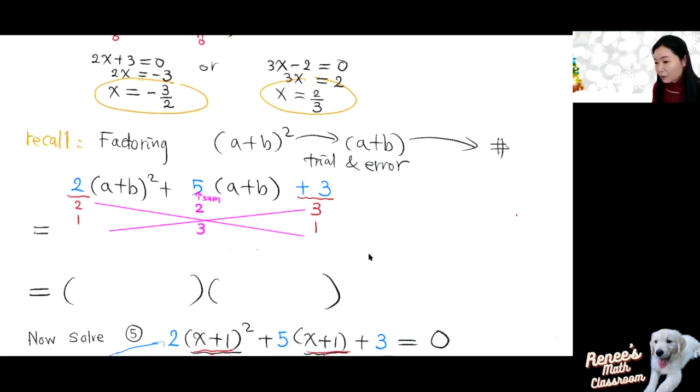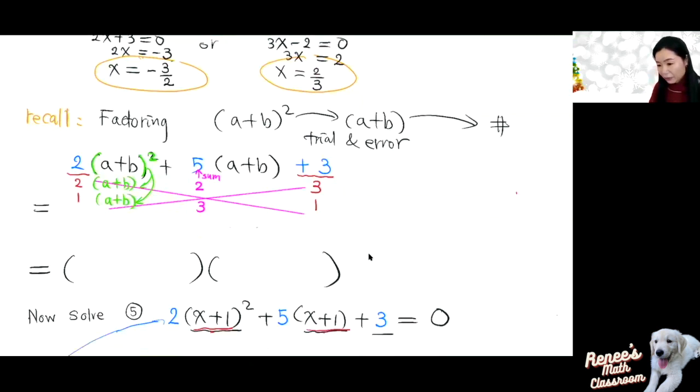Okay. Now when you read this, this (a + b) squared over here, you put it back when you write the factoring. So parenthesis a plus b, parenthesis a plus b. The first factor over here will be 2 times (a + b), and then plus 3. Remember to read that horizontally. The second factor over here will be just 1 times (a + b), so we'll just put a plus b.